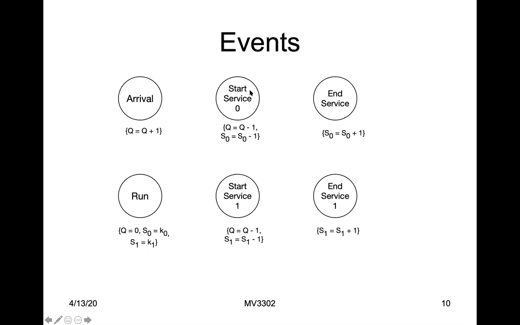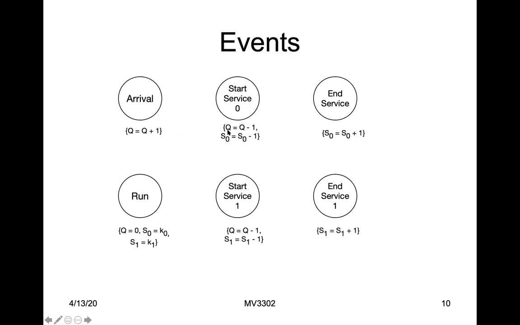Okay, but now we need to distinguish between whether we're starting service on a type 0 server or a type 1 server. And now in start service 0, the 0 is part of the name. This is not a parameter. This is part of the name. So what would cause queue to change?